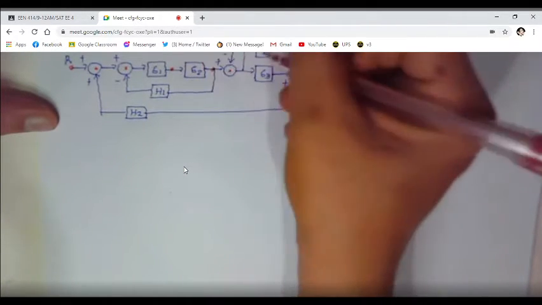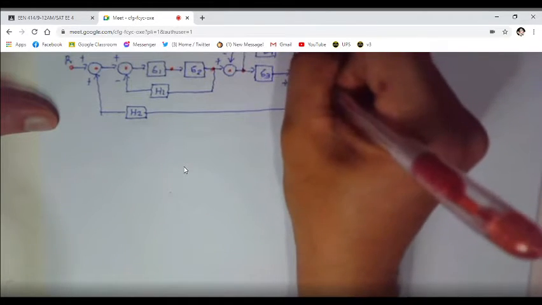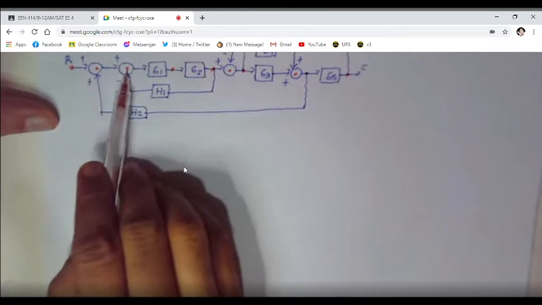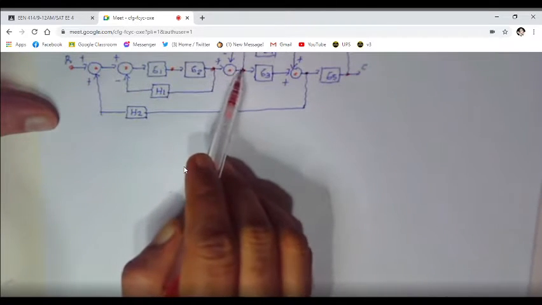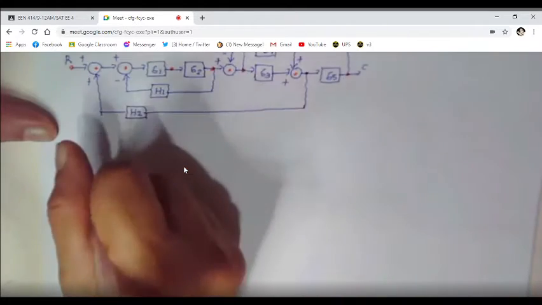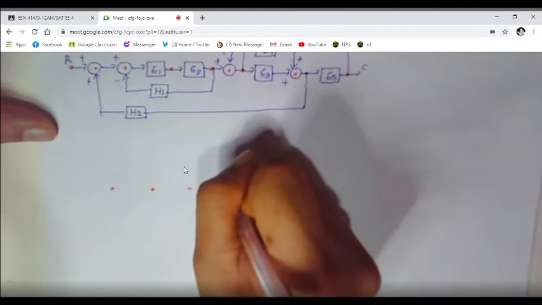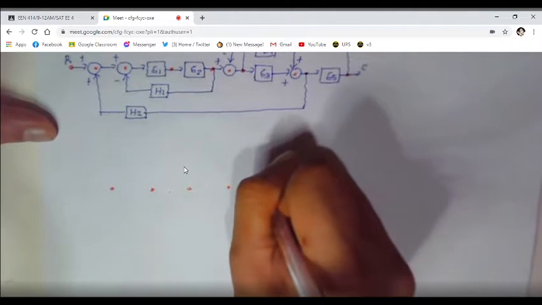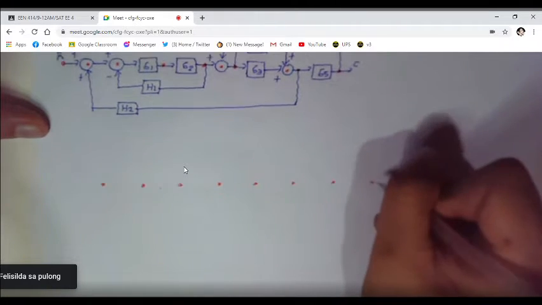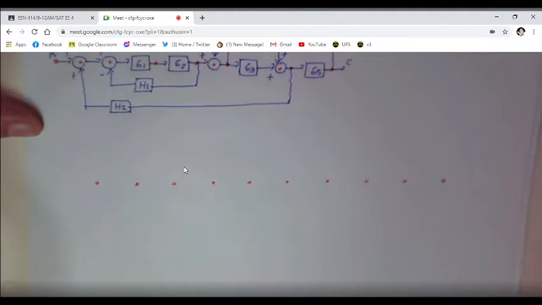May node ka dyan. You have node dito. Node din. Then, you have node. Okay, so we have 1, 2, 3, 4, 5, 6, 7, 8, 9, 10 na node lahat.